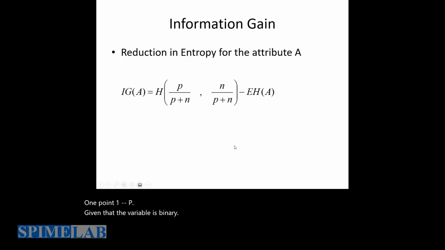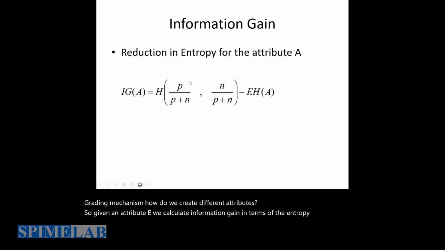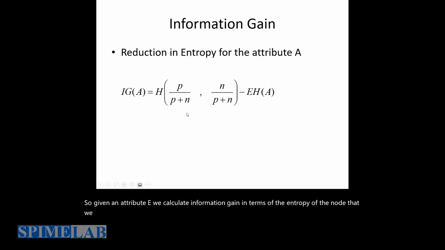Now, how do we fit entropy into the equation of information gain? Information gain is the grading mechanism. How do we grade different attributes? Given an attribute A, we calculate information gain in terms of the entropy of the node that we are dealing with, the parent node in the decision tree, and the child nodes' expected entropy.